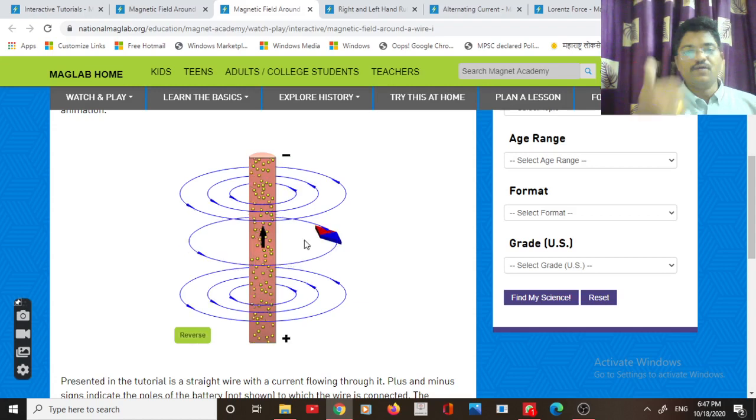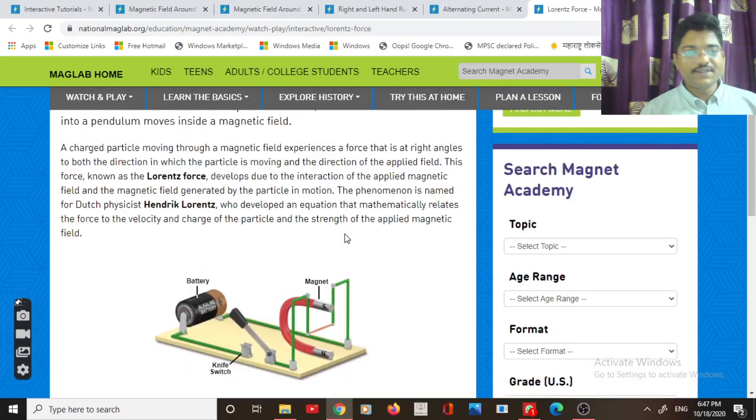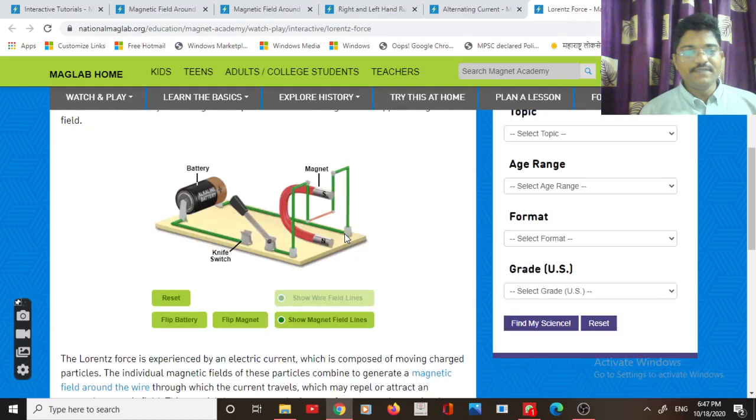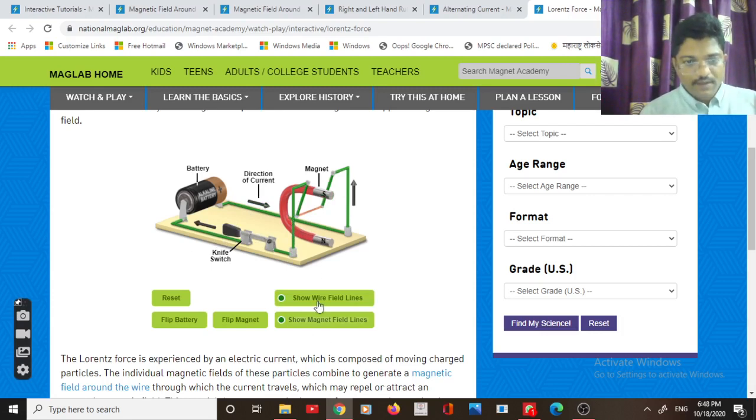If you hold the conductor in such a way that the current direction is indicated by the thumb, the curl of fingers will indicate the direction of the magnetic field. There is one force, and it is a very good illustration of the simple DC motor. Here is that illustration. If you switch on here, the current passes through the wire, and if you keep a magnet near that current carrying conductor, it will exert a force.